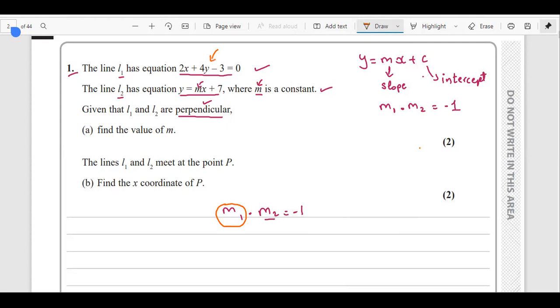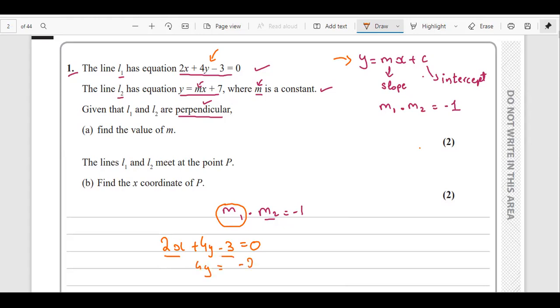So this equation is 2x plus 4y minus 3 equals 0. Now, if I rewrite this equation in this form, I would know the slope of L1. So for this, I need to rearrange such that y becomes the subject, right?